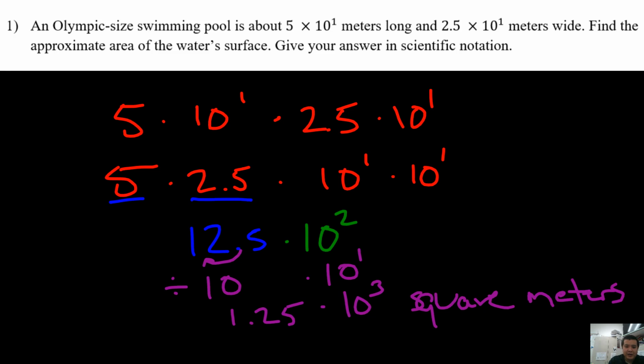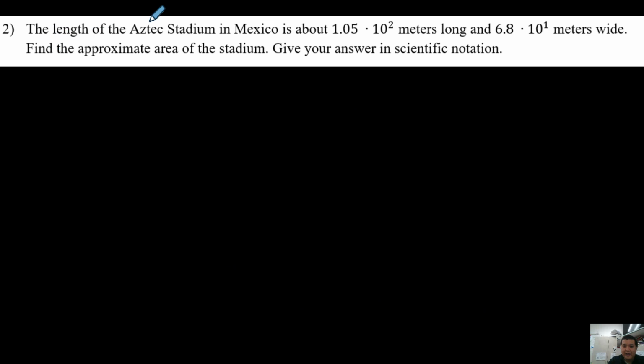Let's take a look at the next one. The length of an Aztec stadium in Mexico is 1.05 times 10 to the second meters long and 6.8 times 10 to the 1 meters wide. Find the area of the stadium. Give your answer in scientific notation. Again, we're going to multiply because we're finding area, and we have the length and the width.